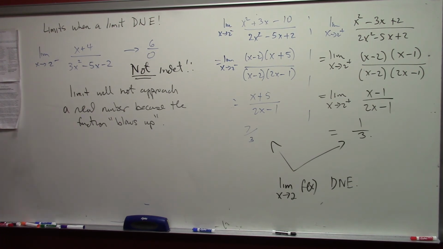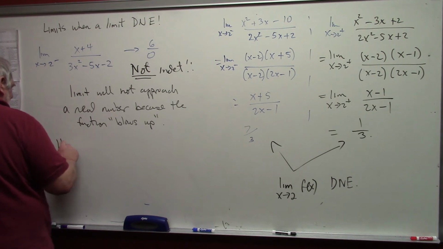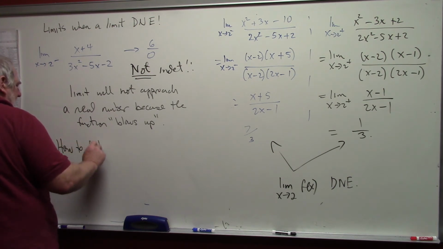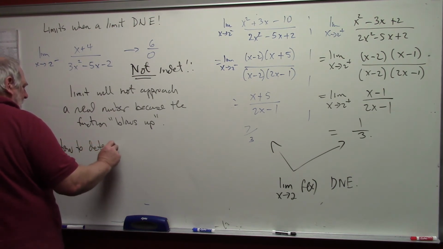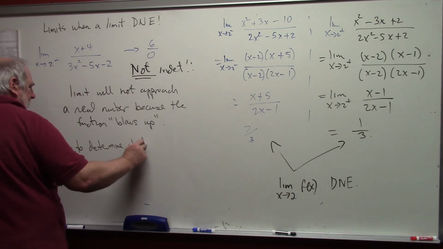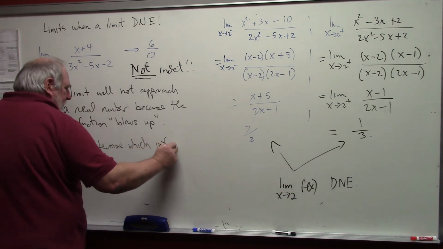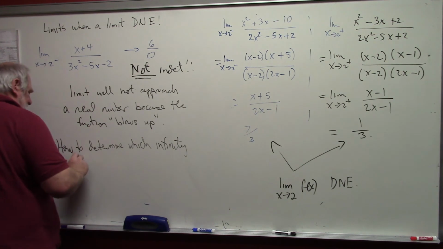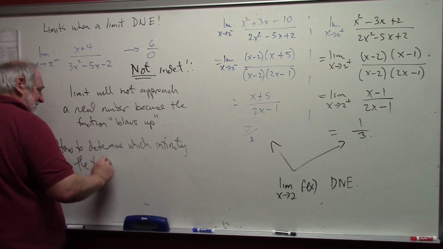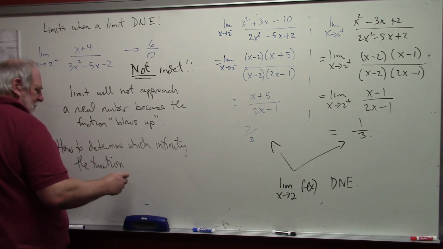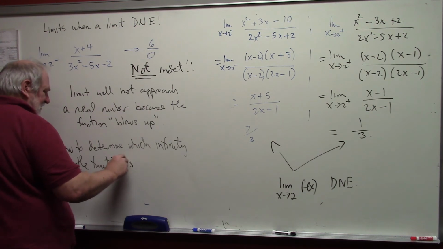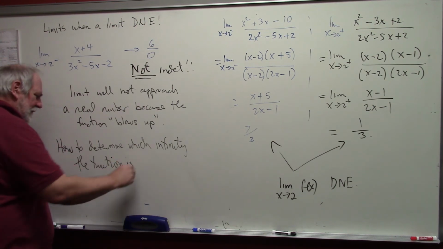Now, how to determine which infinity the function is approaching? This is different than what is done in the book, but this is how I would expect you to do it.